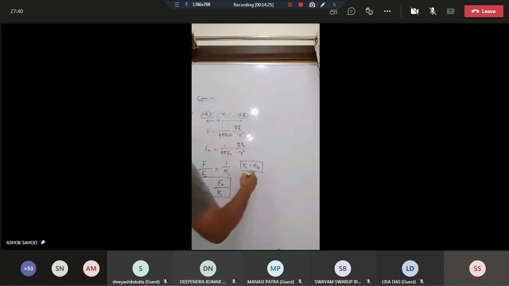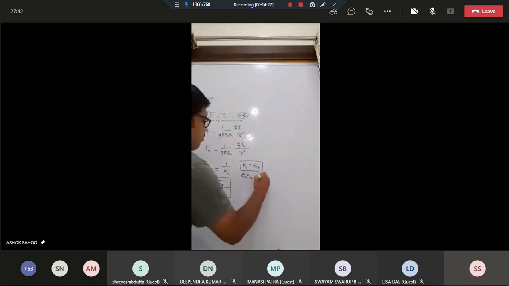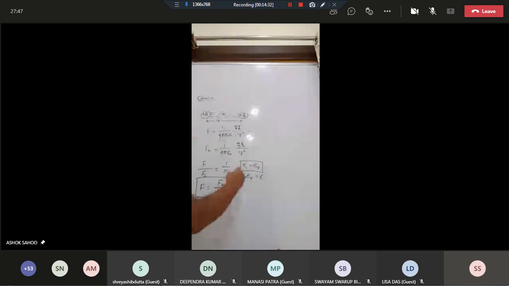The product is called the permittivity of medium. Very important. The product of permittivity of free space and relative permittivity is equal to permittivity of medium. Okay. Other than dielectric constant, K is called relative permittivity.